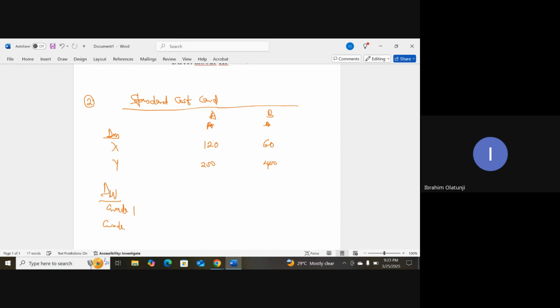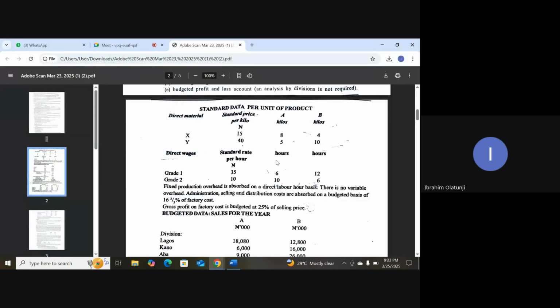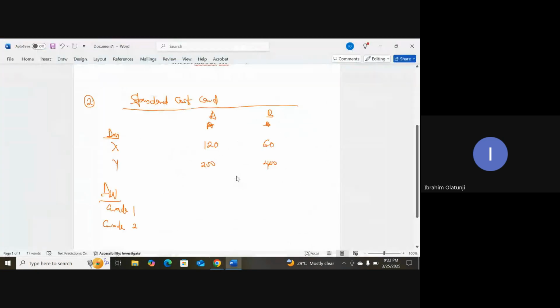For grade 1, what is telling us is that for product A, labor of grade 1 uses 6 hours, and the rate per hour is 35 naira. Then 6 times 35, what do you have?